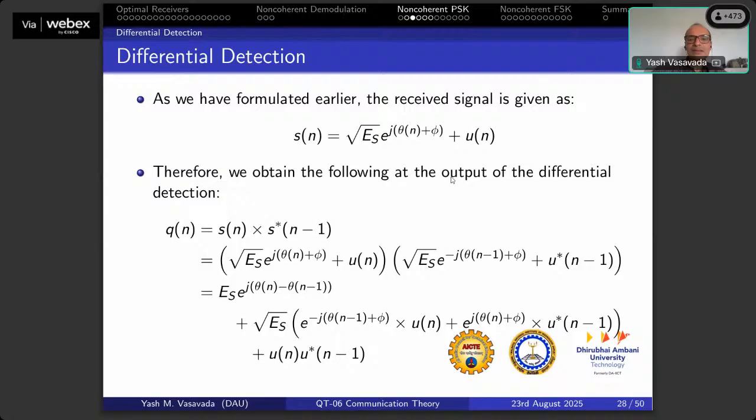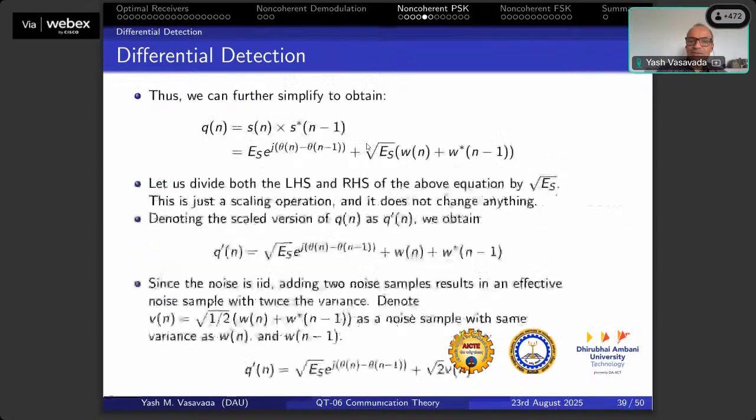Compare it with this one. What is the difference? First difference is that the square root of Es becomes square root of Es divided by 2, meaning that the variance of U n didn't change. Basically, my SNR dropped by a factor of 2.